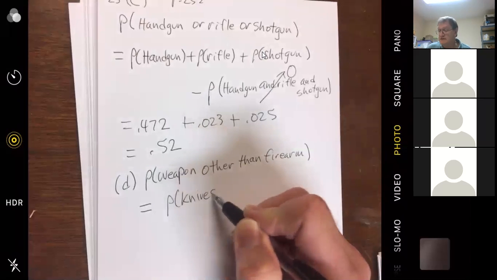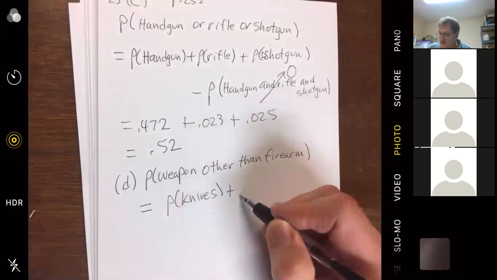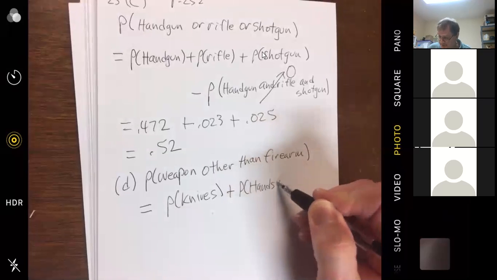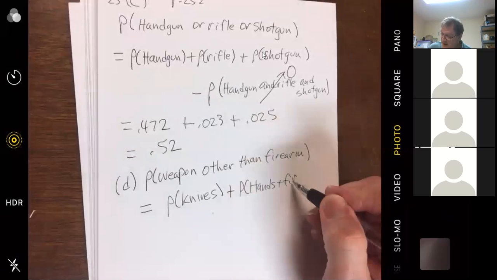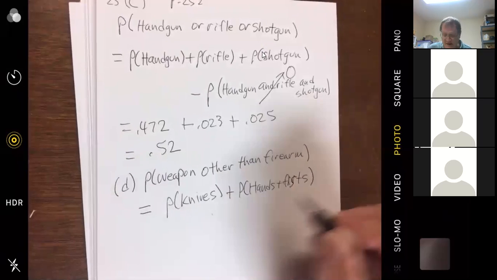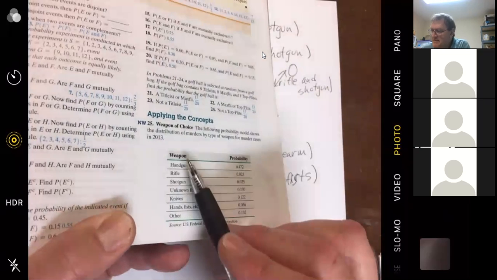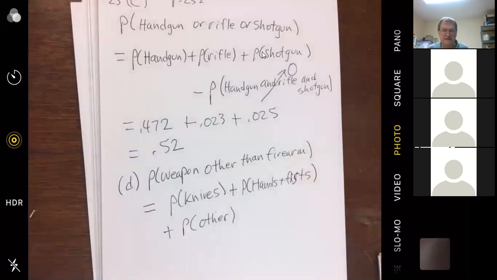All right, so it starts with knives. If we write it out in words, you'd have the probability of knives, someone stabs somebody, then somebody used hands and fists. This is really a violent example. I don't know what other is. I guess other means anything other than this, so we probably should include other. It implies they're using something else other than anything listed up above. Trying to think what could that be?